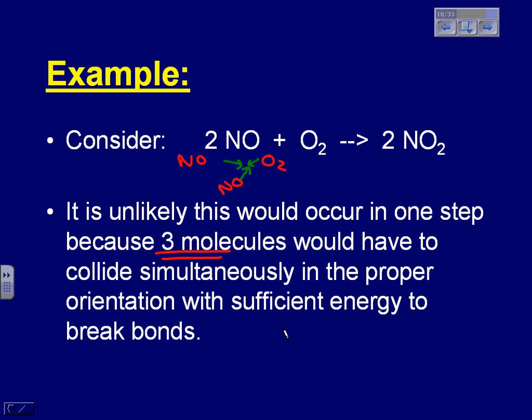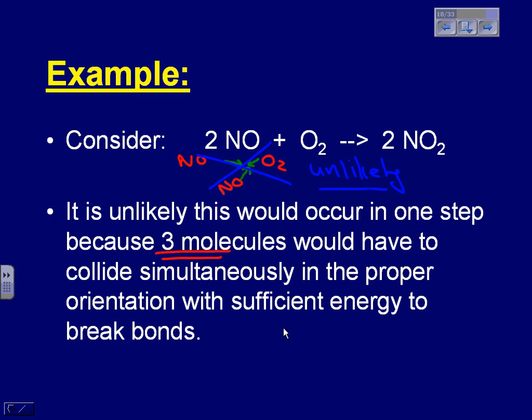Well, even if you were to look at that, you would notice that there are usually only two particles colliding at the same time. Car A may hit car B, and that collision may cause a subsequent collision with car C, etc., etc. So whenever you have three particles colliding, this is a very unlikely situation.